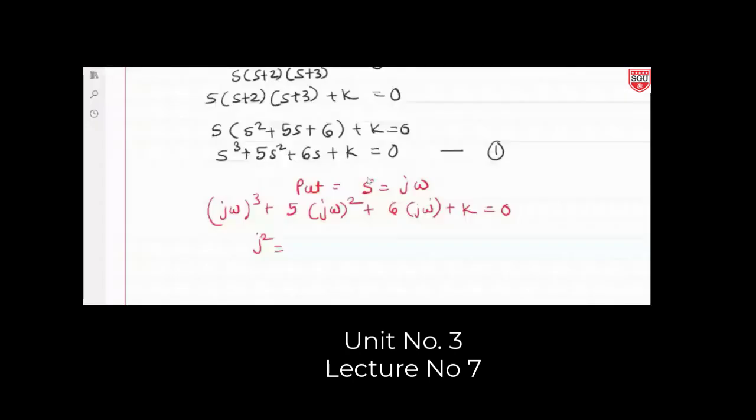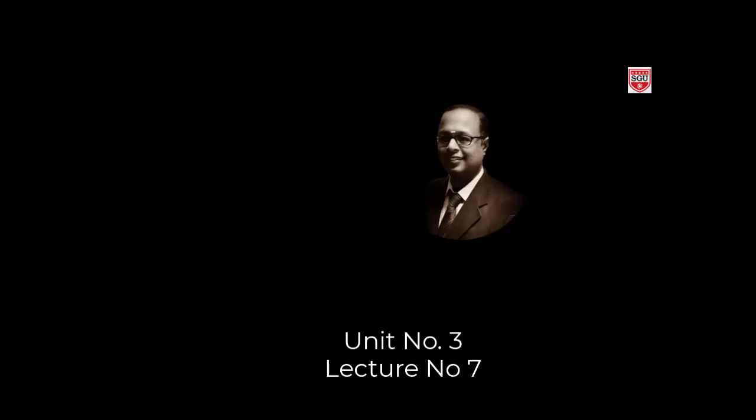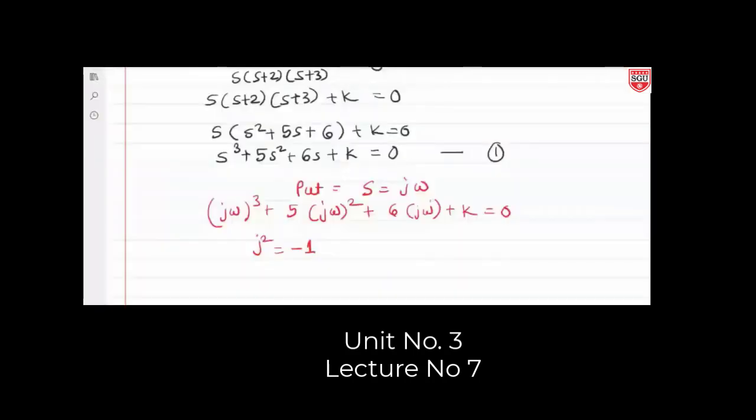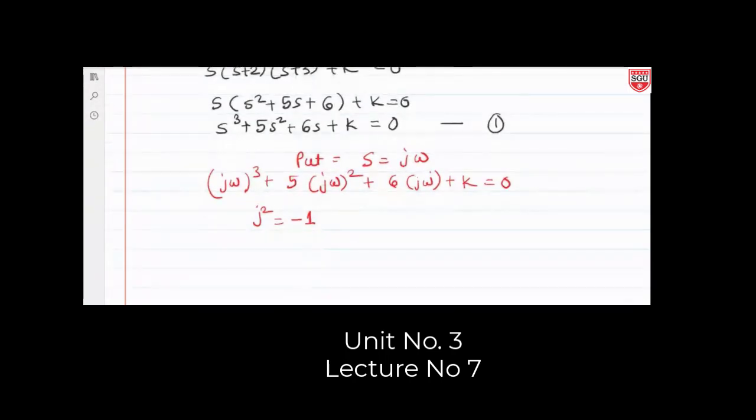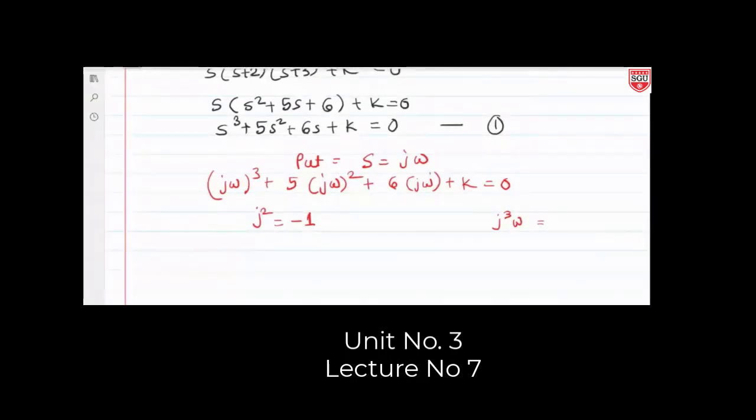Minus 1. So wherever j square is there, here 5 j square omega square is there, no? So what will it come to here also? What will j cube omega be equal to? How can we write j cube omega?